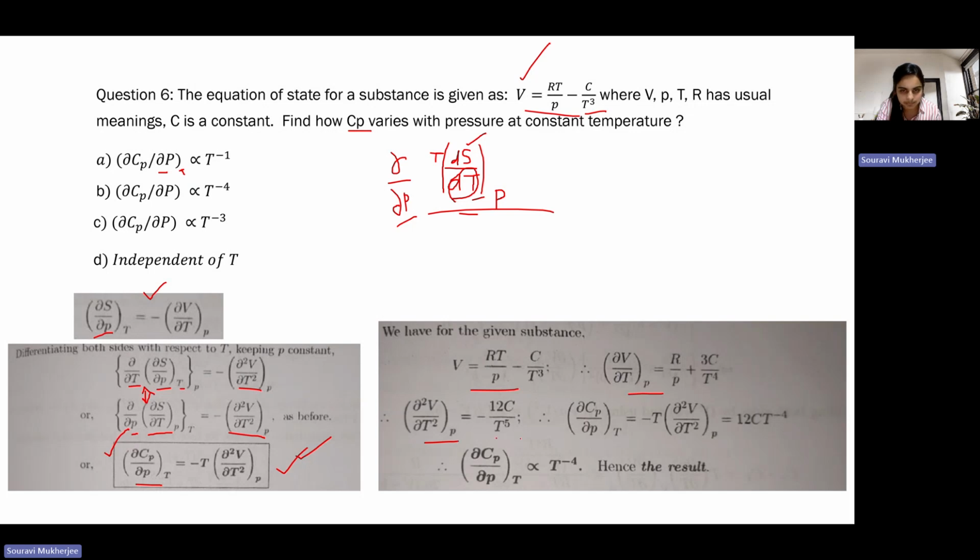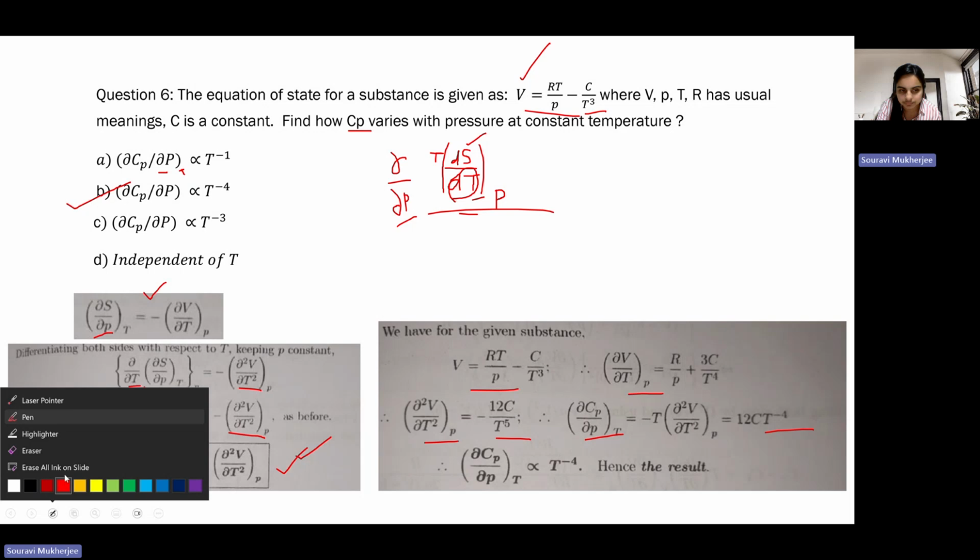So this is your expression. T, temperature, times this term will be giving you how del Cp del P changes with temperature, which now goes as T to the power minus 4. So for this thing, your answer would be T to the power minus 4. Right? So that's how this kind of questions has to be addressed.